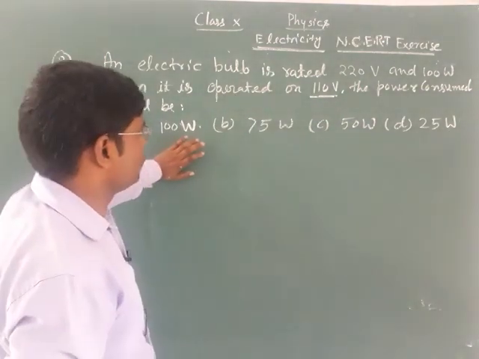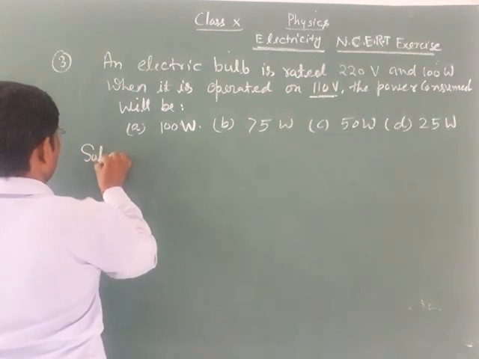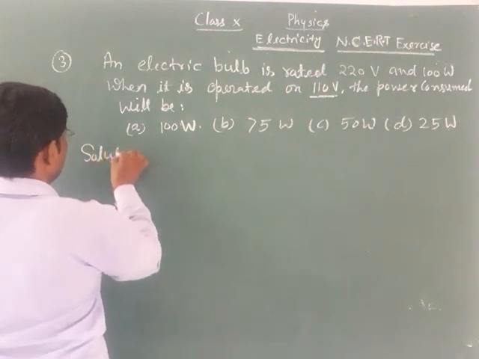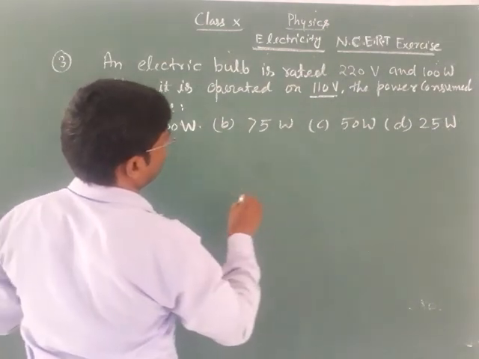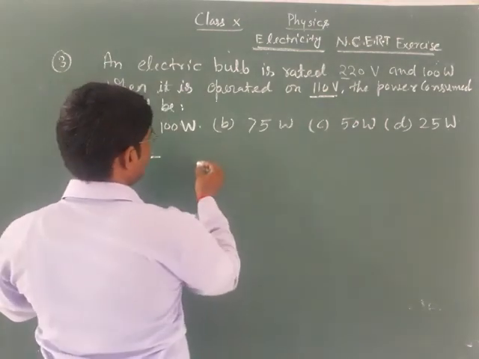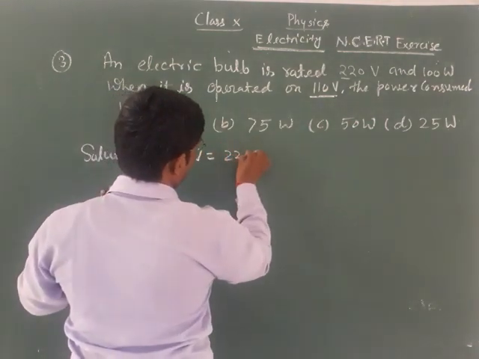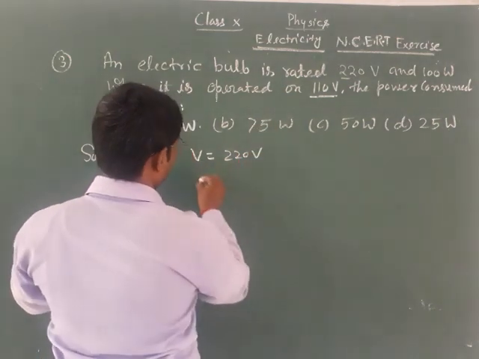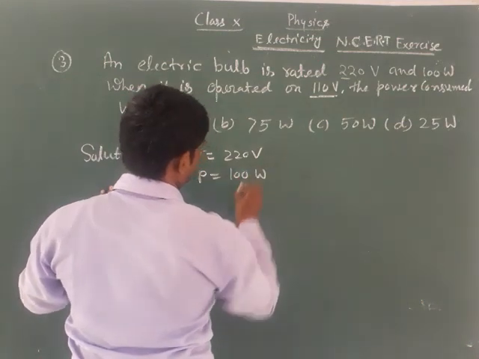How will we choose the correct option? Solution of this question. Potential V is equal to 220 volt and power P is equal to 100 watt.